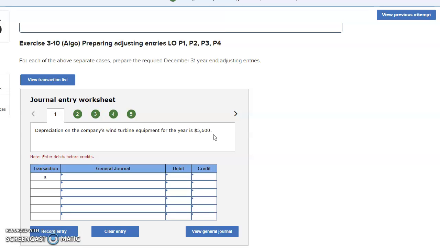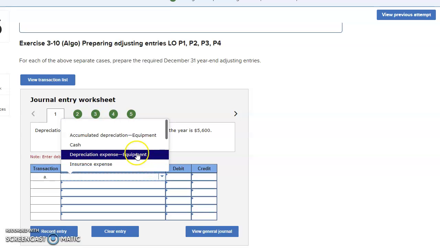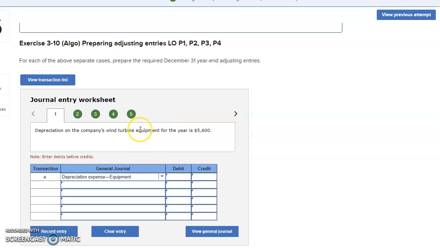We don't have to do any math, we only have the $5,600 that we have to adjust. So the first thing that we're going to do is look for the depreciation expense on equipment. It's talking about the equipment, so that one is $5,600.